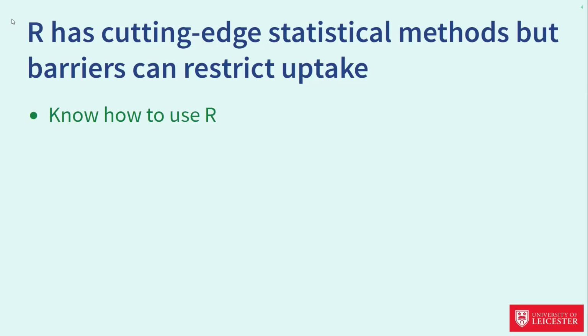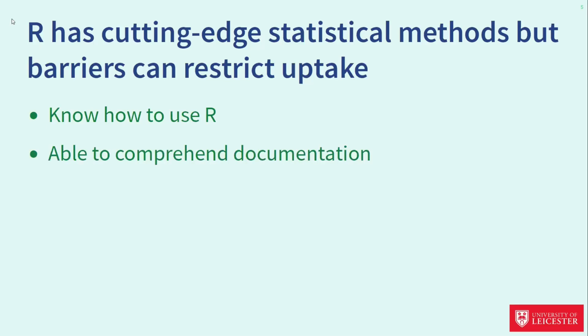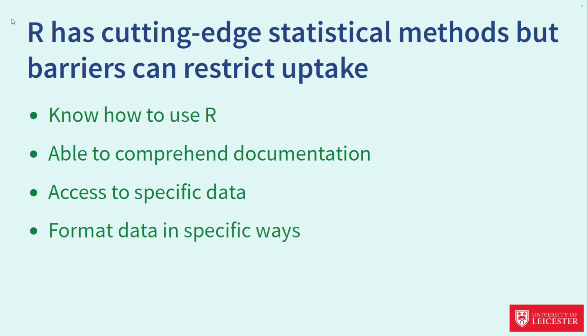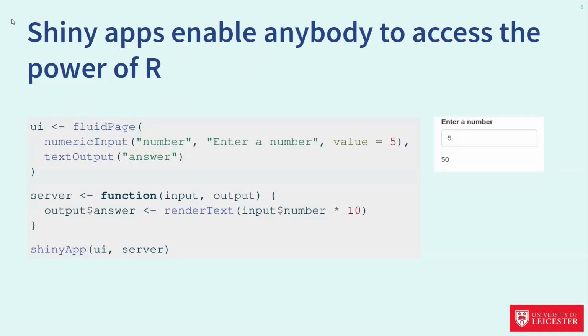And the first problem is that they need to know how to use R. Then they need to be able to comprehend the documentation. And then often analyses would require access to some specific data, or that data needs to be formatted in specific ways. And all of these things make life potentially difficult for people who want to access the methods.